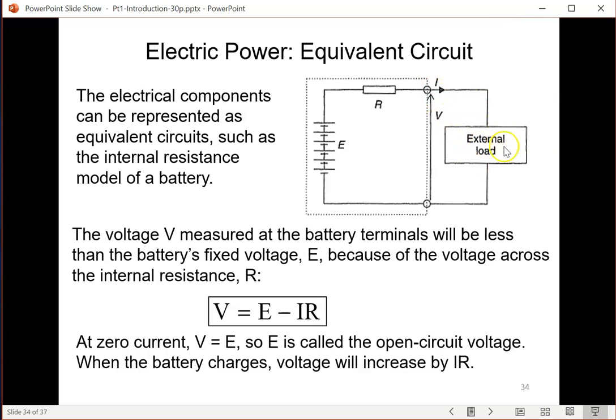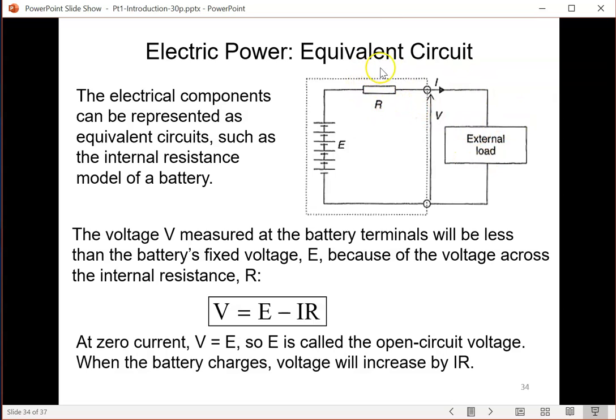But because this diagram doesn't show the resistance, but we know the voltage, if we know the V and we know the I, we can do V times I. That will be the power of the external node. Now power is balanced. The power is supplied from the battery to the power loss here and the power here.